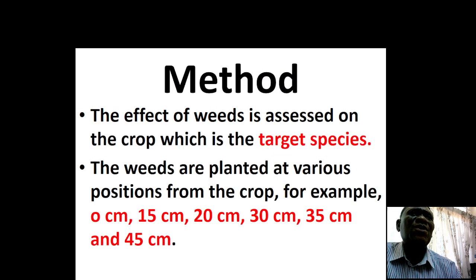Now, if you want to evaluate the method, you can have the effect of weeds being assessed on the crop, which is the target species. The weeds are planted at various positions from the crop, for example, 0, 15, 20, 30, 35, and 45 centimeters.